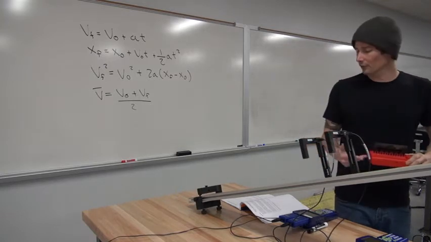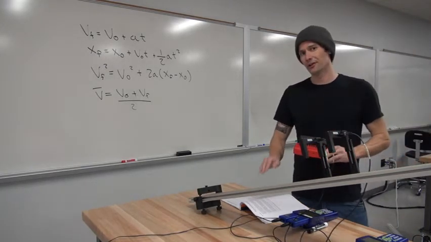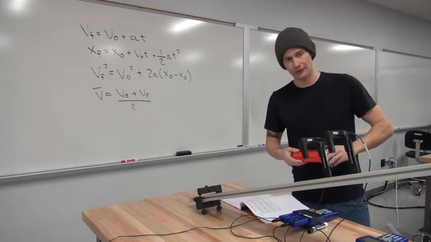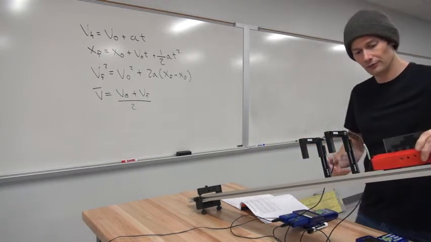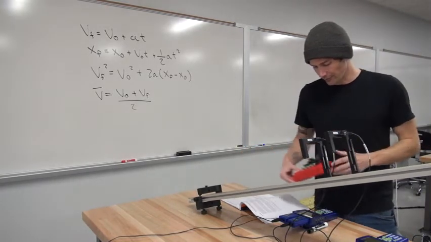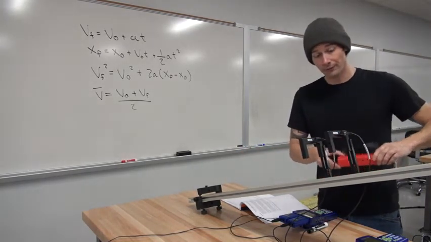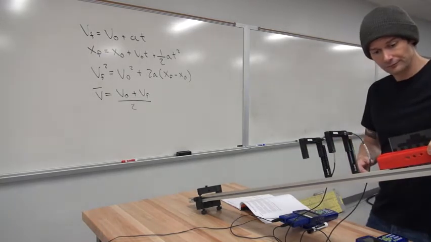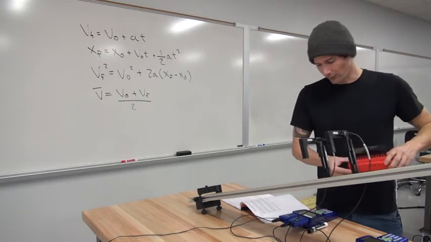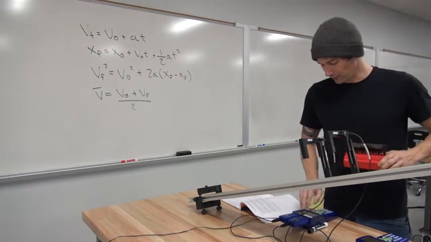So I'm going to do this 4 more times, and then I'm going to write down the average initial velocity and the final average velocity. Okay, this is our second run. Alright, so 1.07 and 1.34. Let's try it again. Okay, 1.12 again. And 1.35.